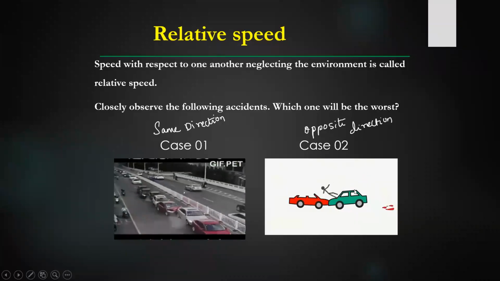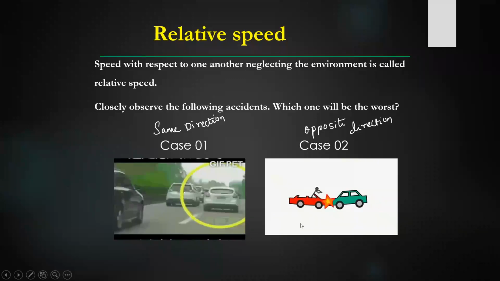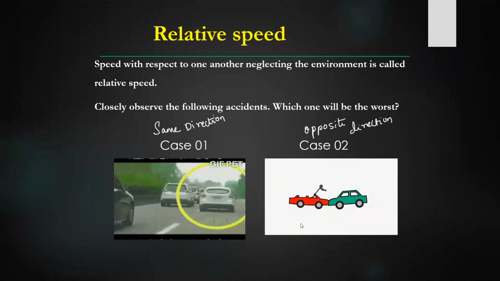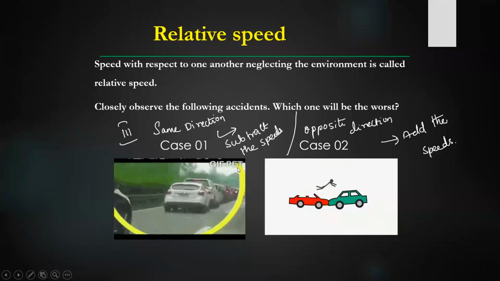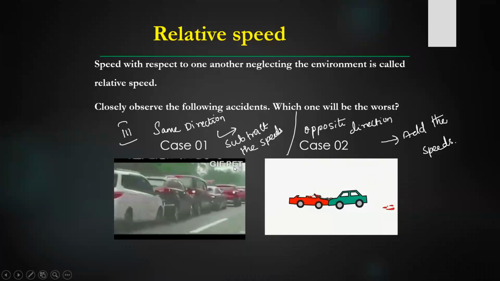If it is an opposite direction, add the speeds. That is the main thing here. Here you need to add the speeds. The same direction, you need to subtract the speeds. This is the third most important point: same direction, subtract the speeds; opposite direction, add the speeds. Both the speeds should add.